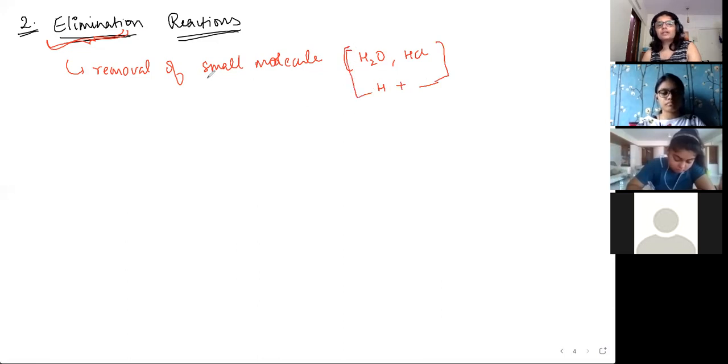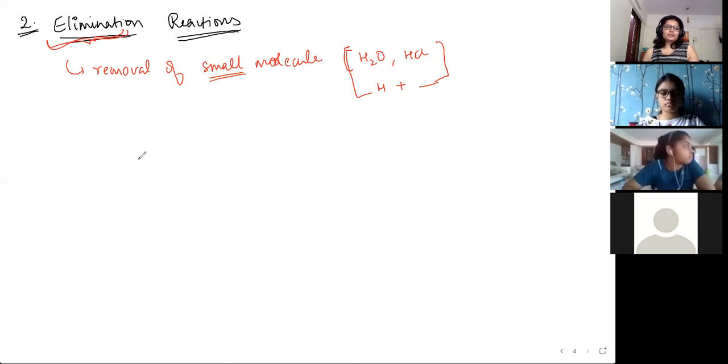So we say small molecule to imply that alkyl group branches are not getting removed, and you won't have a whole benzene ring being removed. It's just a one or two atom thing.